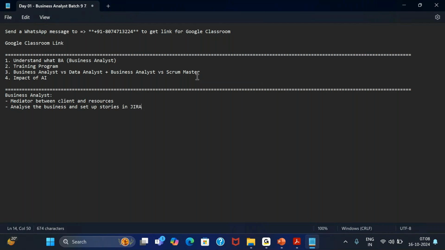Good. What else will they do? Converts the business document into ideology for developers and prioritize their work. Create business requirement document and prioritize the work.